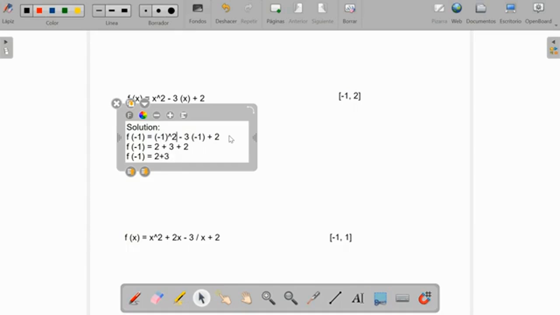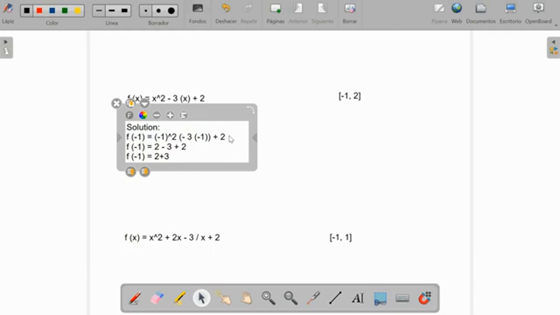Let's check something because I think that I am missing something. Minus by minus is positive, but in this case this one was positive, the other one was negative. Why is this negative? Because of the sign here. Let's put this in parentheses for you to understand.